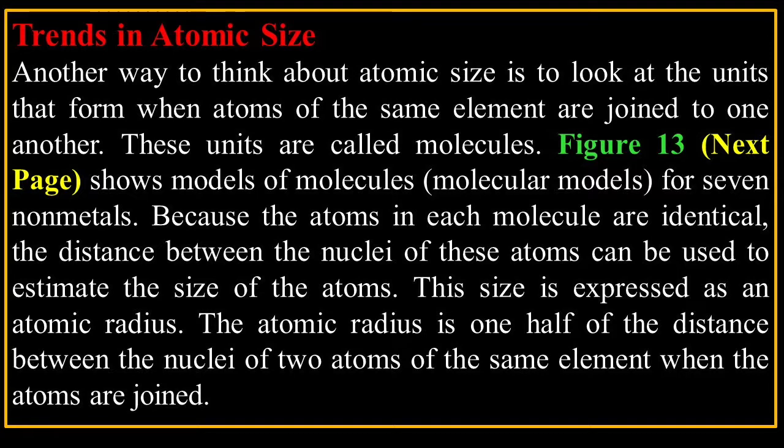Because the atoms in each molecule are identical, the distance between the nuclei of these atoms can be used to estimate the size of the atoms. This size is expressed as an atomic radius. The atomic radius is one-half of the distance between the nuclei of two atoms of the same element when the atoms are joined.